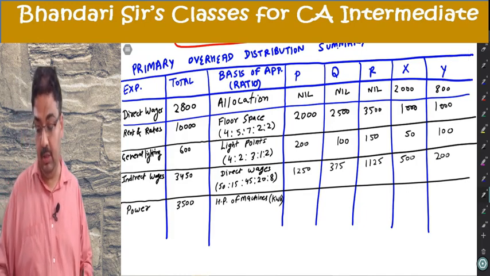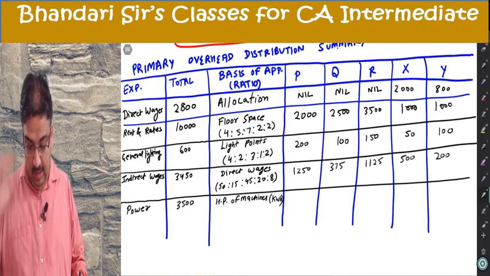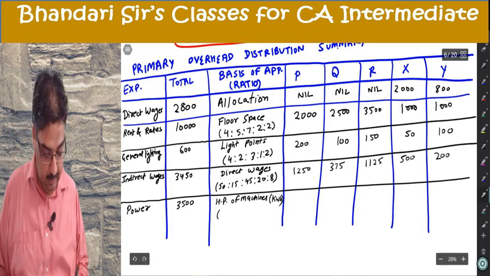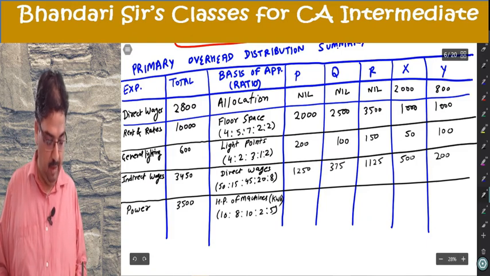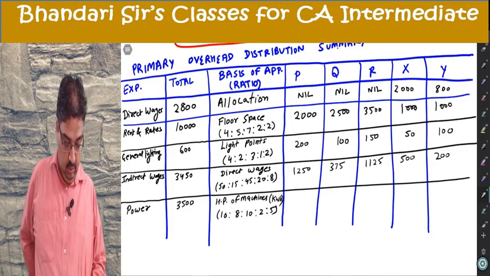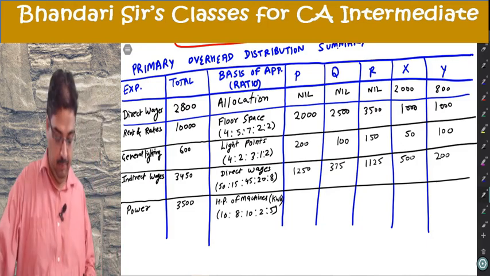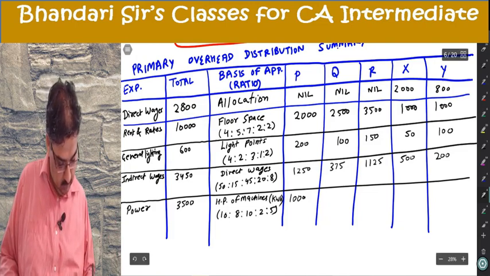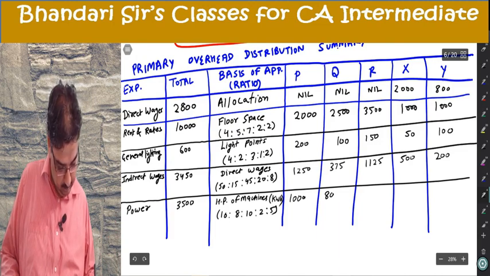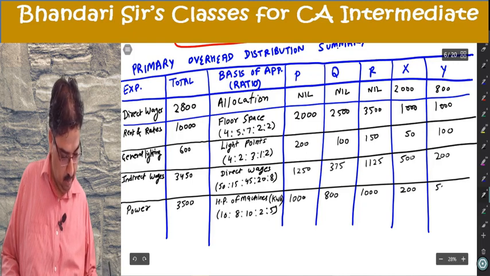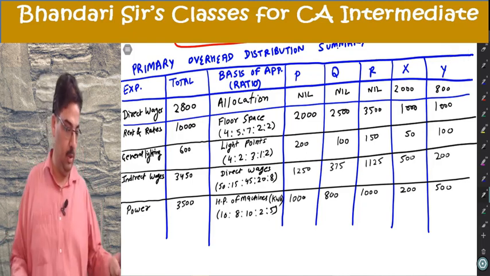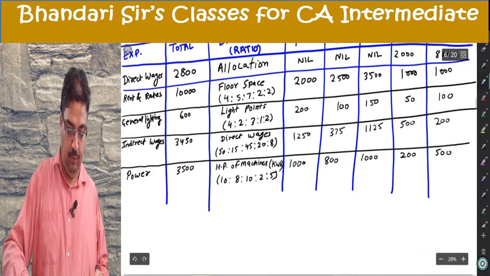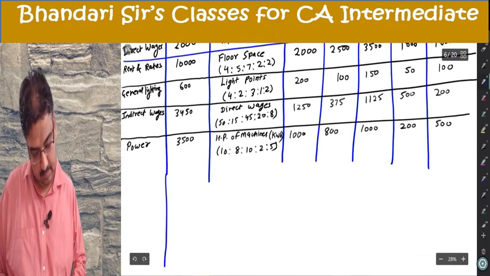That is my assumption that HP is given in kWh. 100, 80, 120, 50, 10 is a common factor. 10, 8, 12, 5. 35, if you divide it is 100. 1000, 800, 1000, 200, 500. That is quite straightforward. I go further. Let me extend the lines.